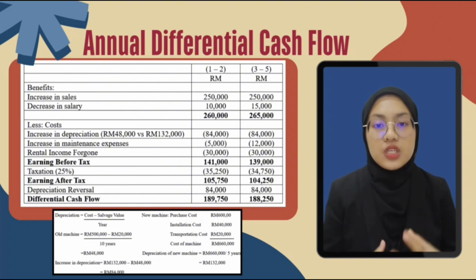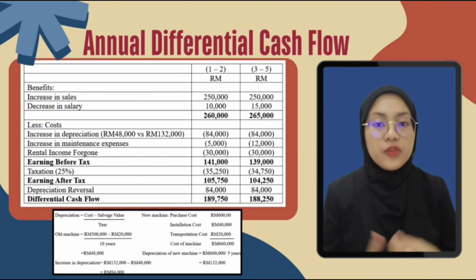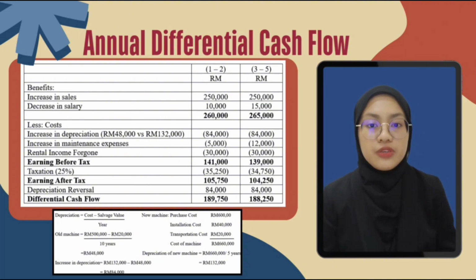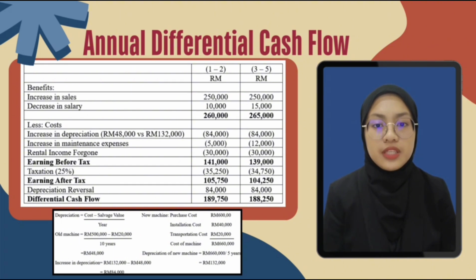So we got the cost of the machine, which is RM660,000. So the depreciation of the new machine is RM660,000 divided by 5 years, so we got RM132,000. So the increase in depreciation is RM132,000 minus RM48,000, so we got RM84,000.